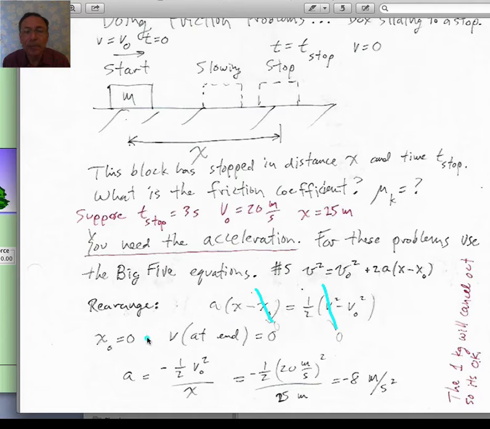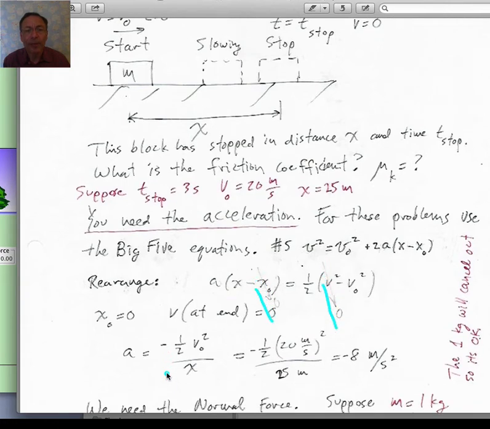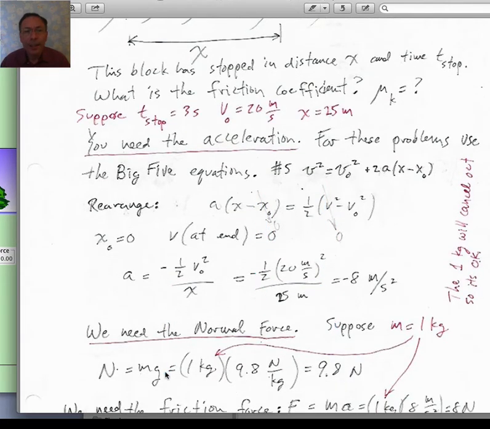And so now we can divide both sides by x to get a formula that'll work pretty well. And we have that a equals 1/2 times negative v0 squared divided by x. And at this point we can plug in the numbers.